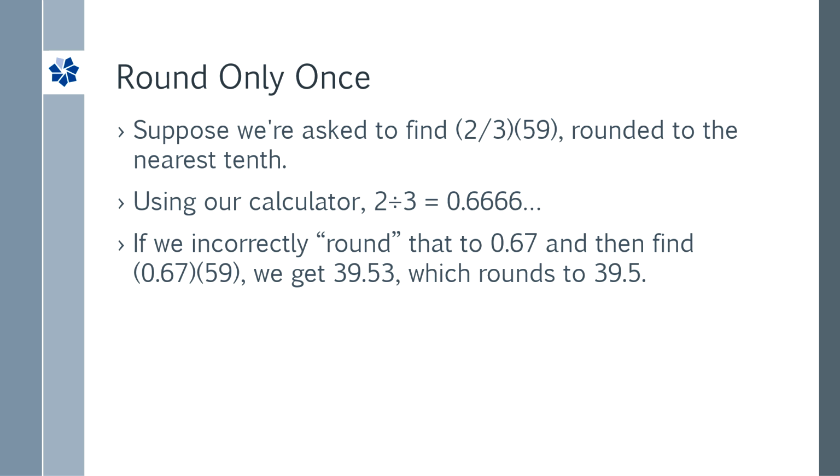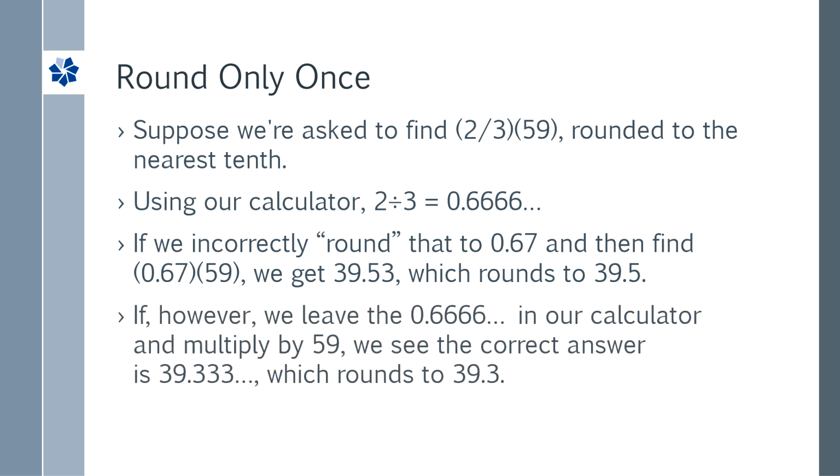But if you use 0.67 times 59, you get 39.53, which to the tenth is 39.5. The problem with that is it's not correct.